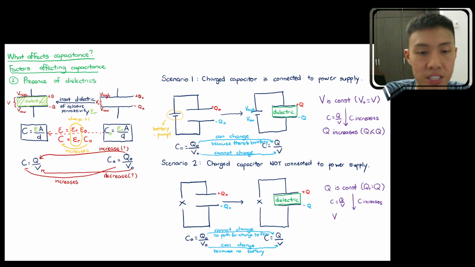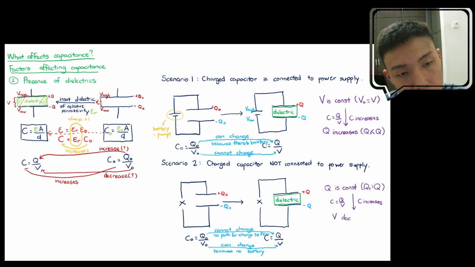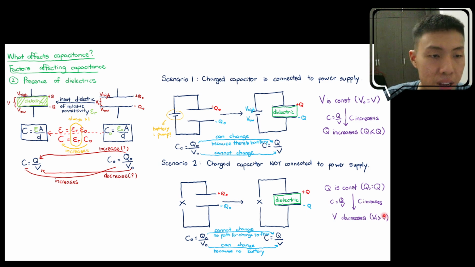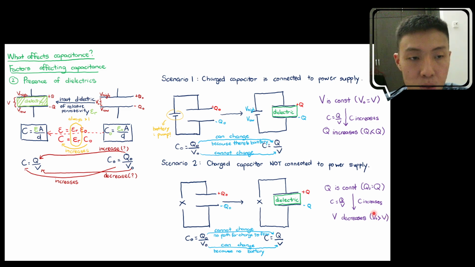Because if C is increasing but Q cannot do anything about it, V must be changing. To make the equation balance on the left and right sides, C increasing must correspond to V decreasing. So if V decreases, comparing V naught without dielectric and V with dielectric, the V with dielectric will be smaller than V without dielectric.